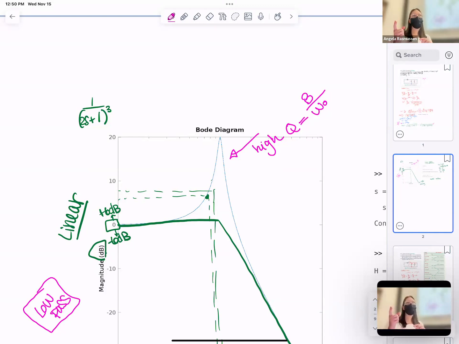Increasing the bandwidth would increase Q, right? So you would want to lower the bandwidth. What's the bad thing about lowering the bandwidth of a circuit? It only has a smaller range to operate in. So if that's a limitation, then that would be something to consider. That might not be something you have flexibility to do.